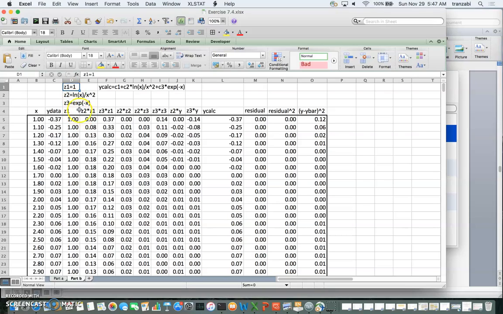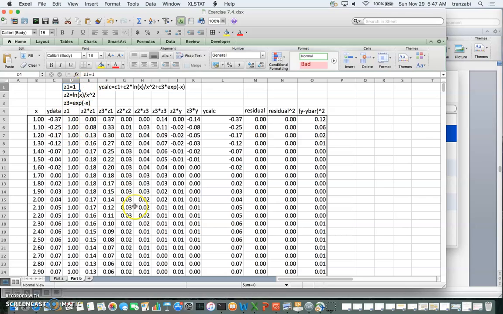So I'm going to create columns for z1, z1 times z2, z1 times z3, z2 squared, z2 times z3, and z3 squared. We also create z2 times y and z3 times y. The rest is pretty much like we had before. The only thing is we don't have x or x squared or x cubed. In here we have z1, z2, z3.